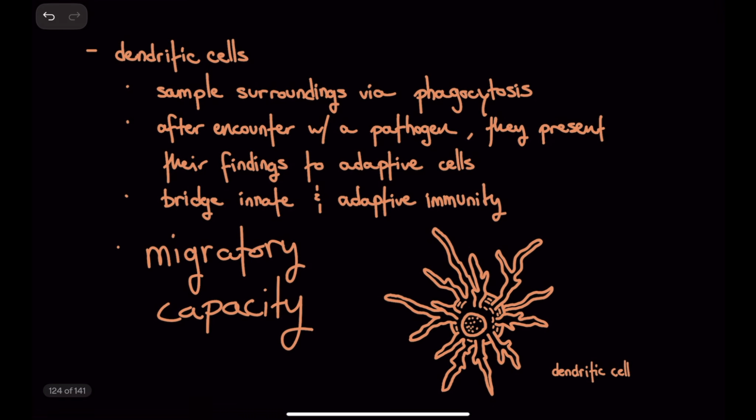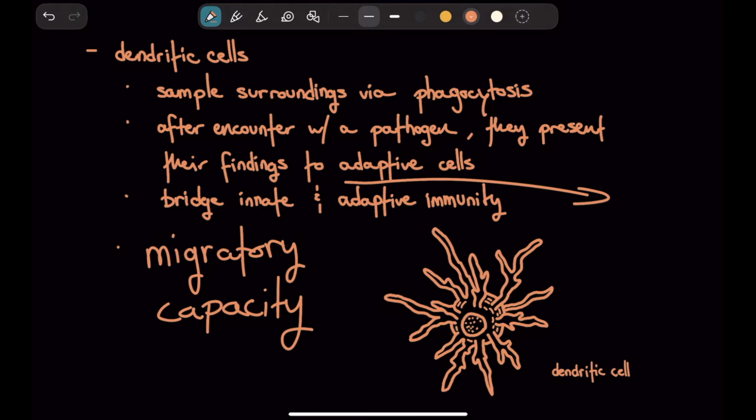So, very similar to the macrophages, your dendritic cells sample your surroundings via phagocytosis. So again, just eating the debris and microbes they come across. And after encounter with the pathogen, they'll present their findings to the adaptive cells. Now, we haven't talked about them yet, but our adaptive cells are the B and T cells. Okay, we'll talk about those in like 5 minutes, though.